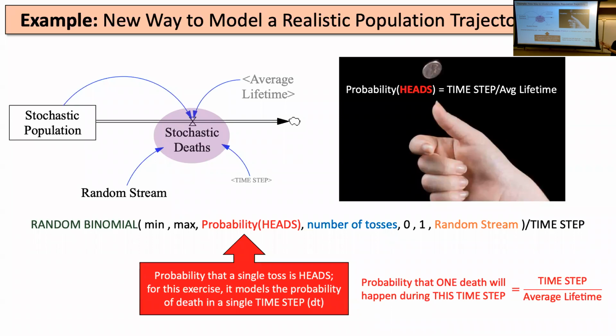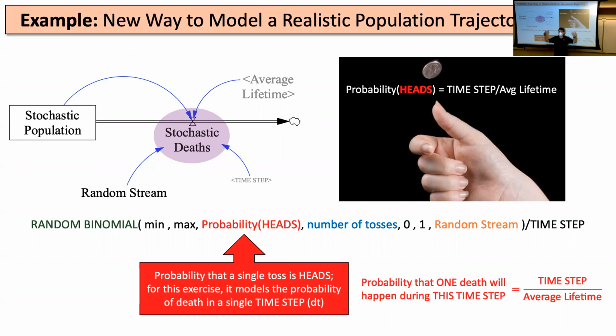Now, where does that come from? Well, if you think about it, if every bacteria lives for this long, this average duration, and I'm only simulating a tiny little time step, then what I'm saying is that if I'm simulating 10% of the average lifetime, then there's a 10% chance that this bacteria will die.